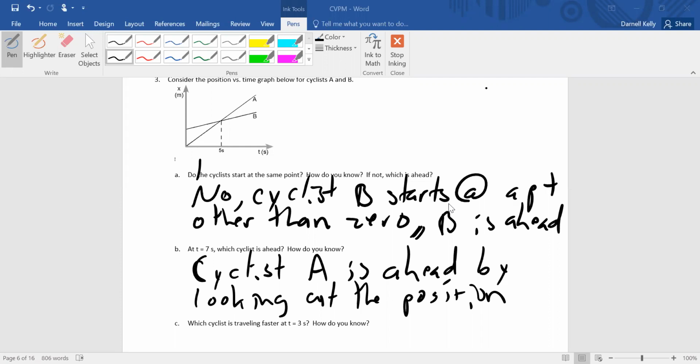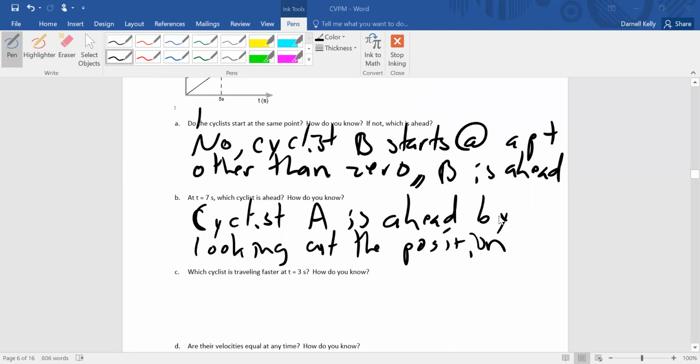Cyclist B is traveling faster at 3 seconds. And how do you know? Because he started ahead, and he has a steeper slope at 3 seconds. So cyclist B travels faster, right?